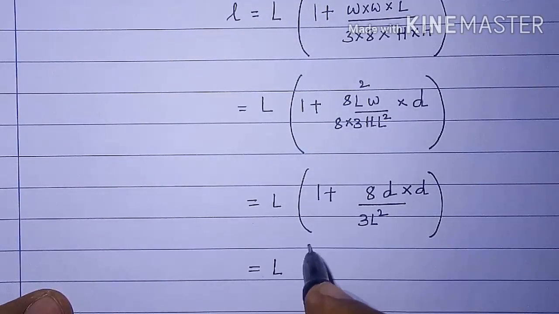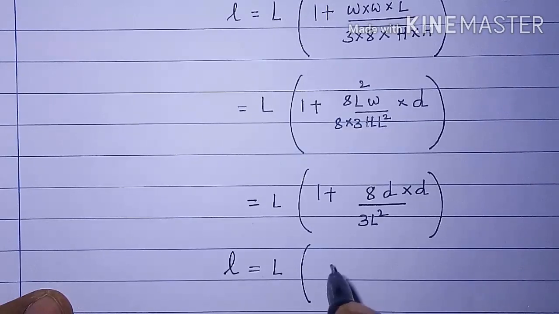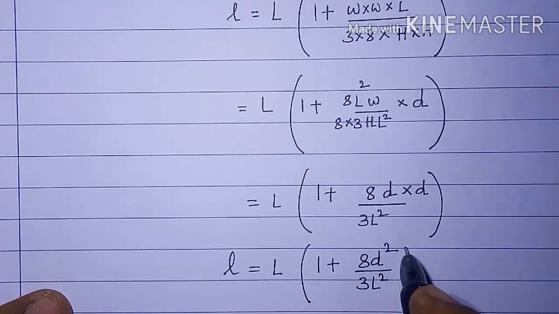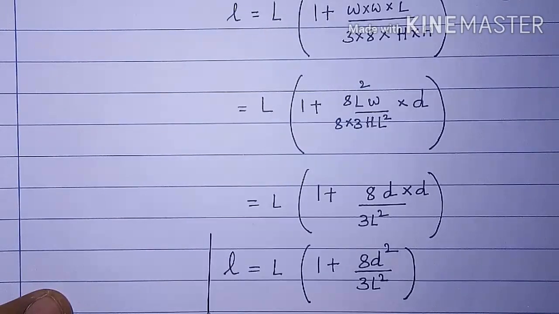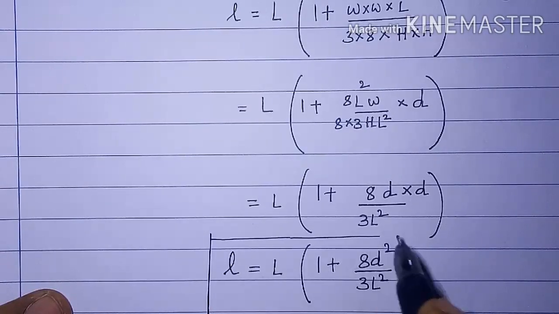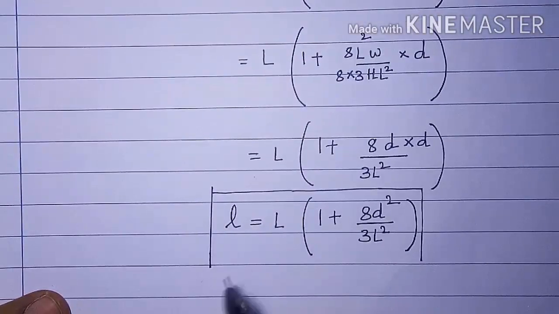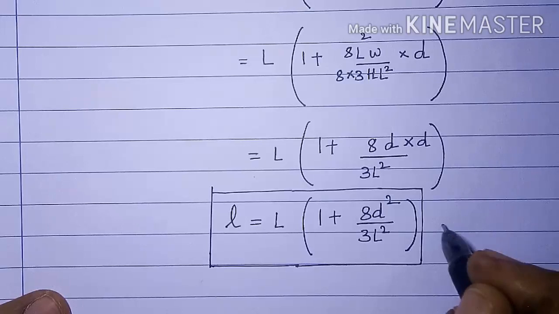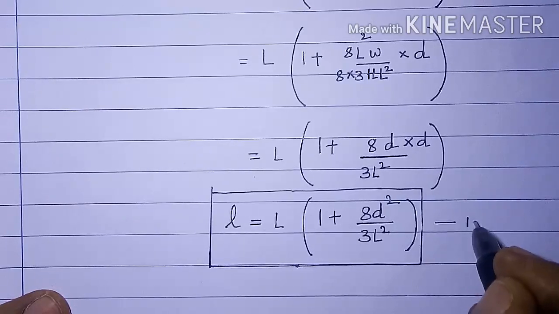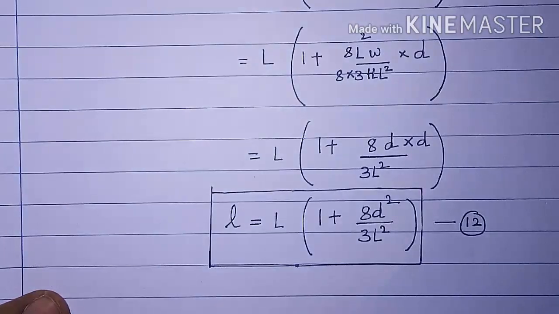So on simplification we will get small l is equal to capital L into 1 plus 8D square upon 3L square. Now let us call this the 12th equation.